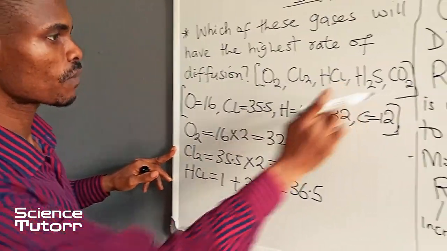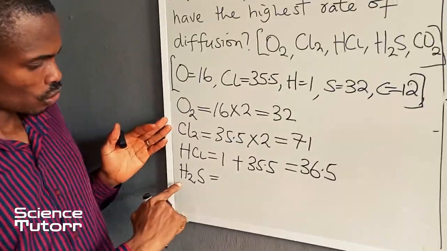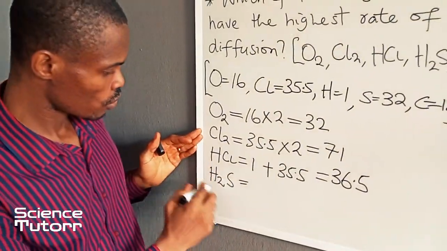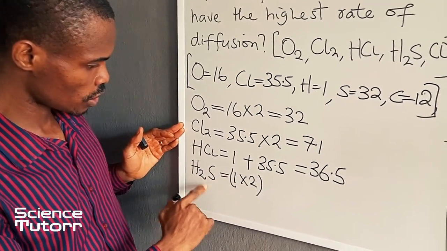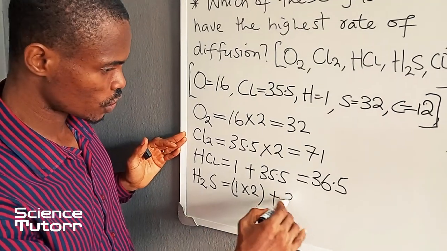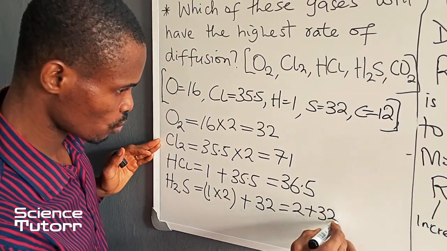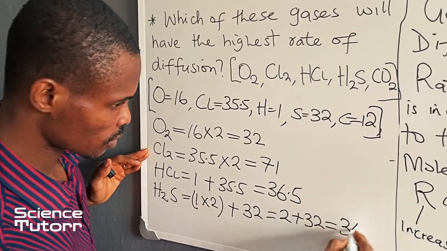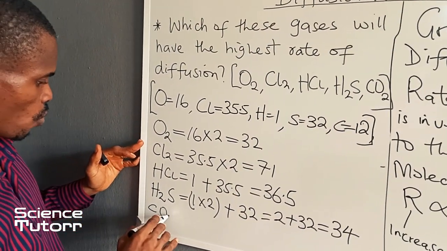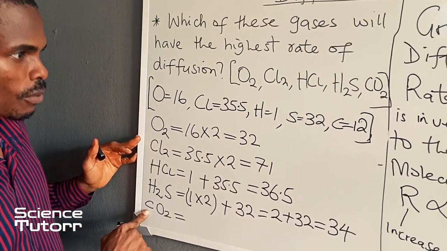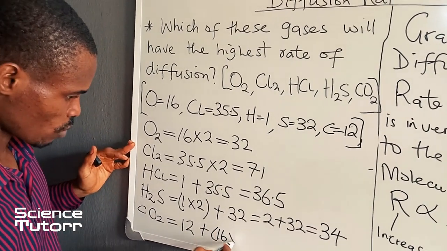The next gas we have is hydrogen sulfide, H2S. This has 2 hydrogen and 1 sulfur, so 1 times 2 for hydrogen plus sulfur, which is 32. That gives us 2 plus 32, which is 34 for H2S. And then finally, we have CO2, carbon dioxide. Carbon is 12, plus oxygen is 16, and we have 2 of it.